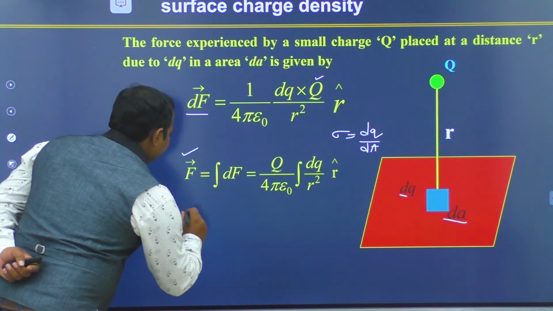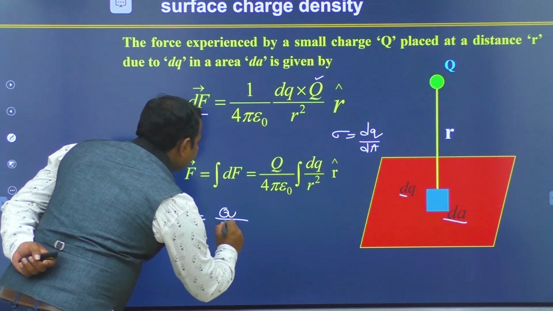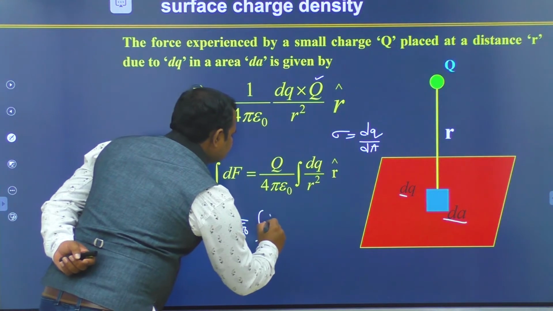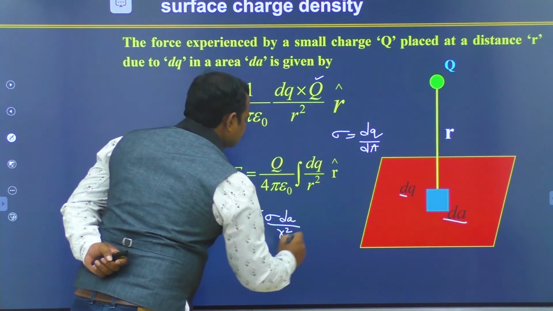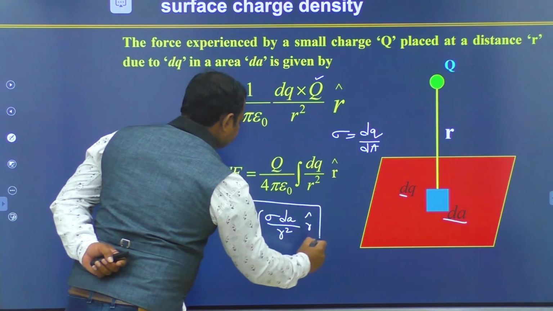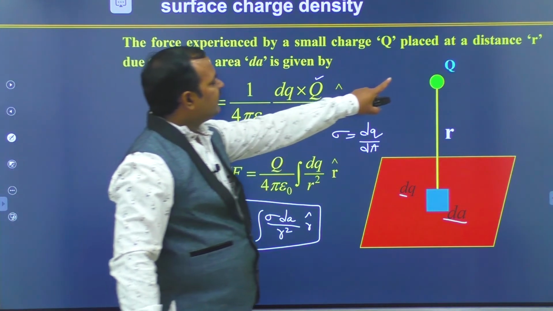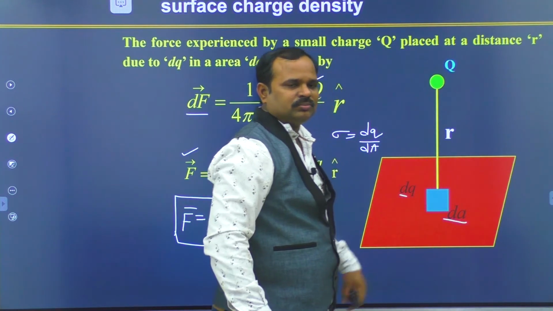So F bar is equal to q by 4 pi epsilon naught integration of sigma dA by r square r cap. This is the force experienced by this charge because of the total surface charge distribution.